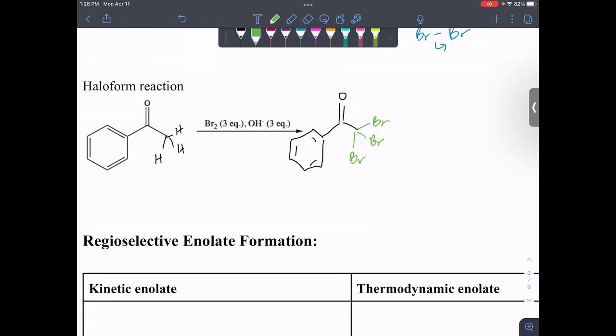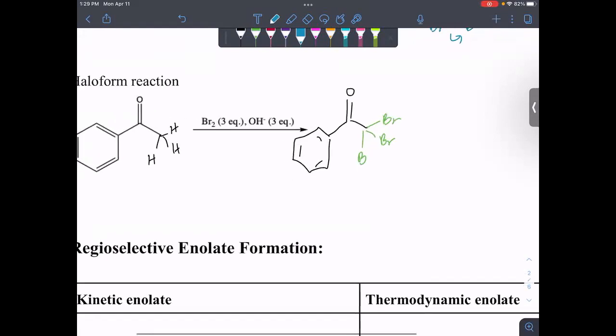And now the important bit is that one more equivalent of base comes in and attacks the carbonyl, because at this point the carbonyl is very, very electrophilic. This tribromo group is super electronegative, and it's taking a lot of electron density away from the carbonyl. So we go in with some extra OH minus, attack the carbonyl, and then this carbon with 3 bromines is so stable as a leaving group, it just pops off.